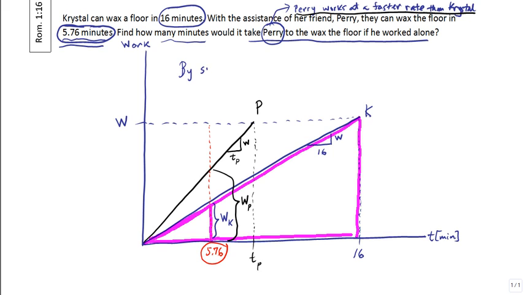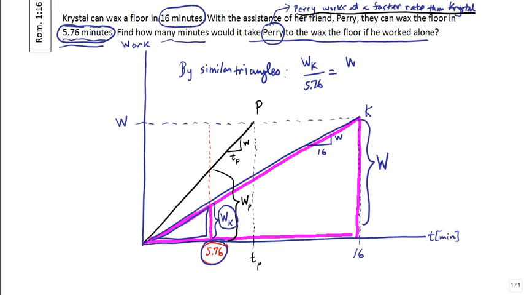By similar triangles, I have that W sub K, which is this amount, is to 5.76, which is this amount. That's this triangle right here. That is equal to W, which is this amount, is to the base, which is this amount.